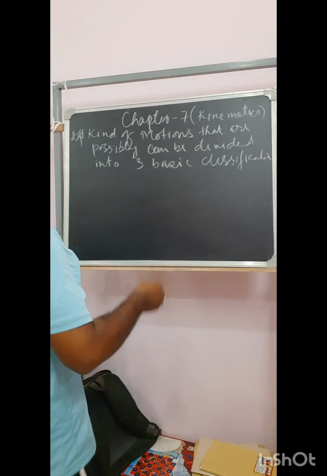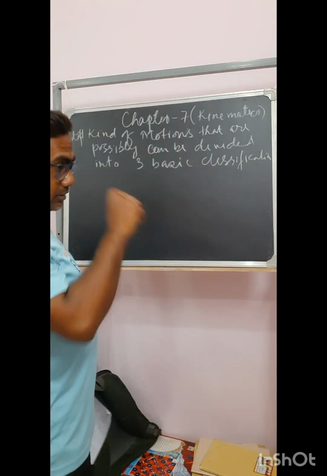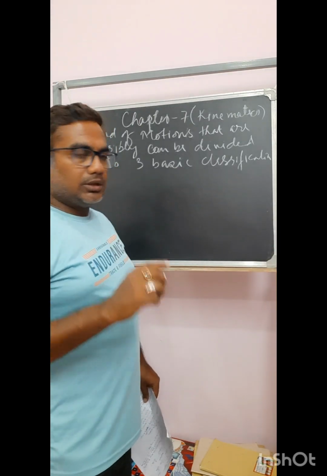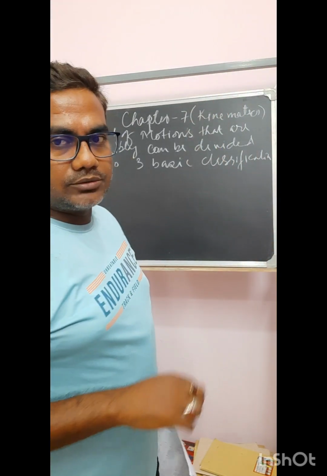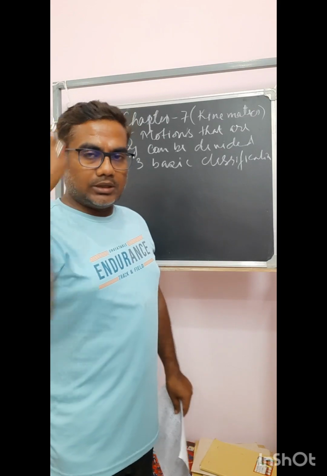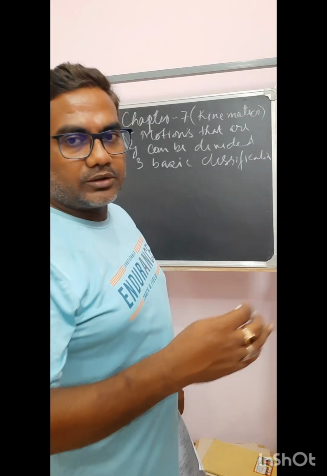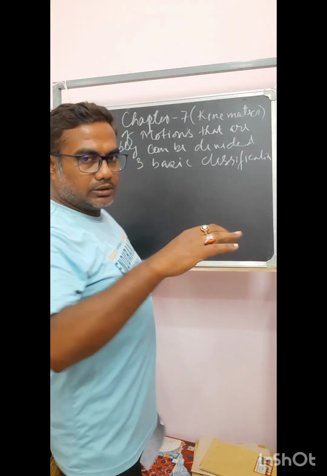There are several motions, but the main three motions will include all kinds of motions that we see around us or in any part of the space in this universe.